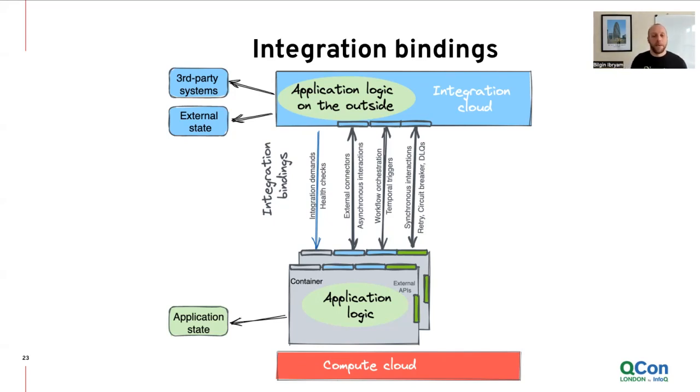These integration bindings can be in the form of connectors to external systems. It can be messaging and eventing logic, such as message retries, filters, dead letter queues, message delays, content-based routing, handling of poison messages, etc. So I would say all of these are integration bindings. They can also be service orchestration and workflows, webhooks and triggers that poke your application at a specific time to do something.